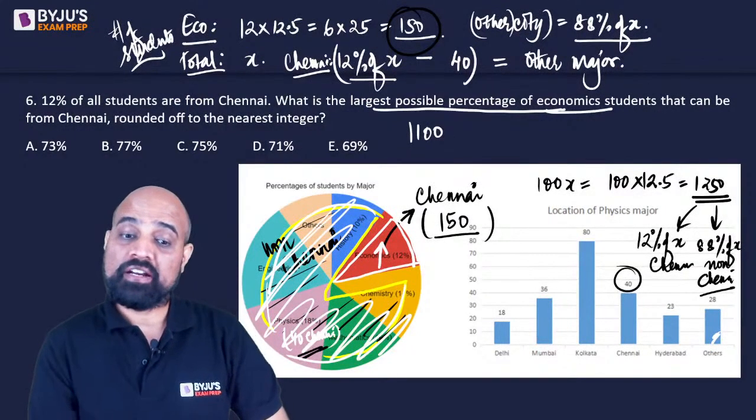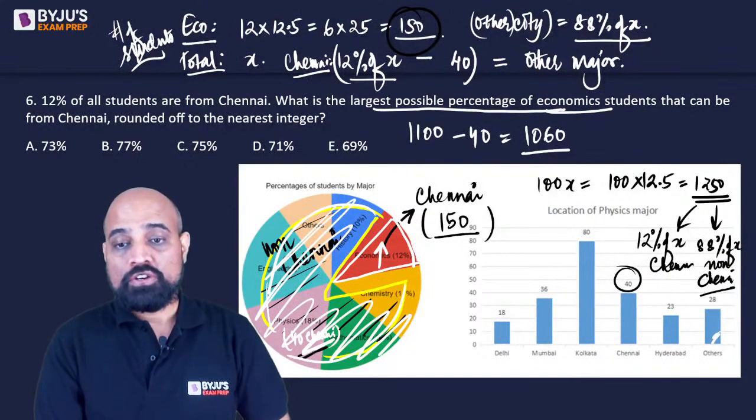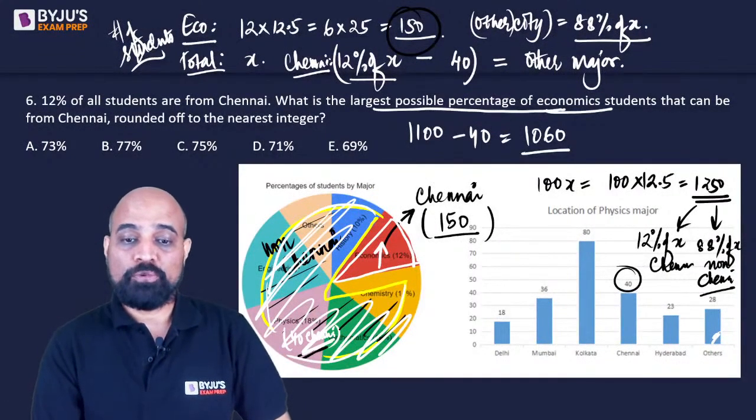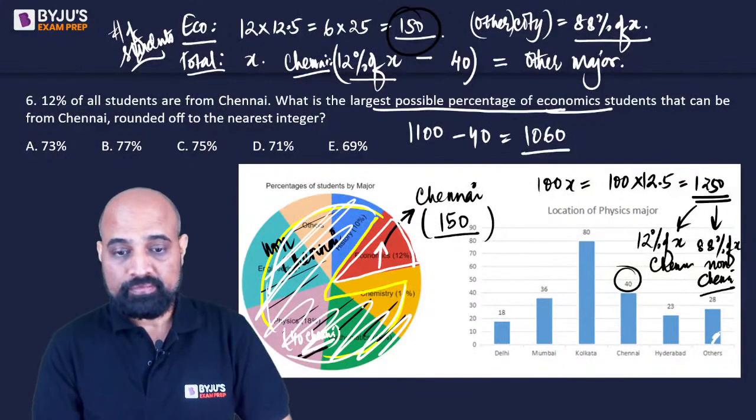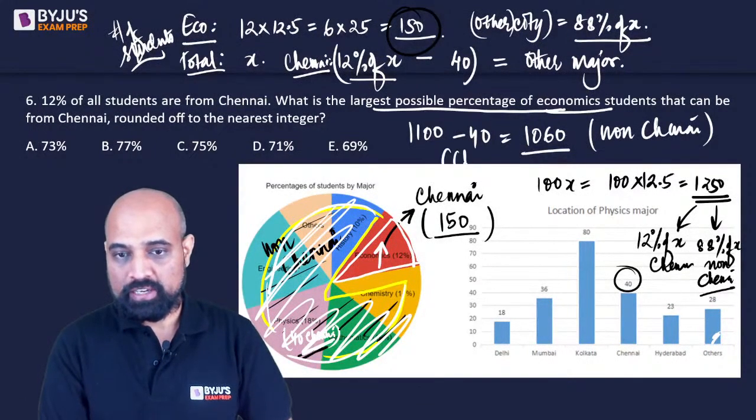Out of these 1100 students, 40 students are from Chennai, so let's get rid of them as well. So this is going to be 1060 students. So 1060 students हम लोग ने इधर प्लेस कर दिया. 40 students हमारे पास ये नॉन चेन्नई है. 40 students हमारे पास चेन्नई के हैं.